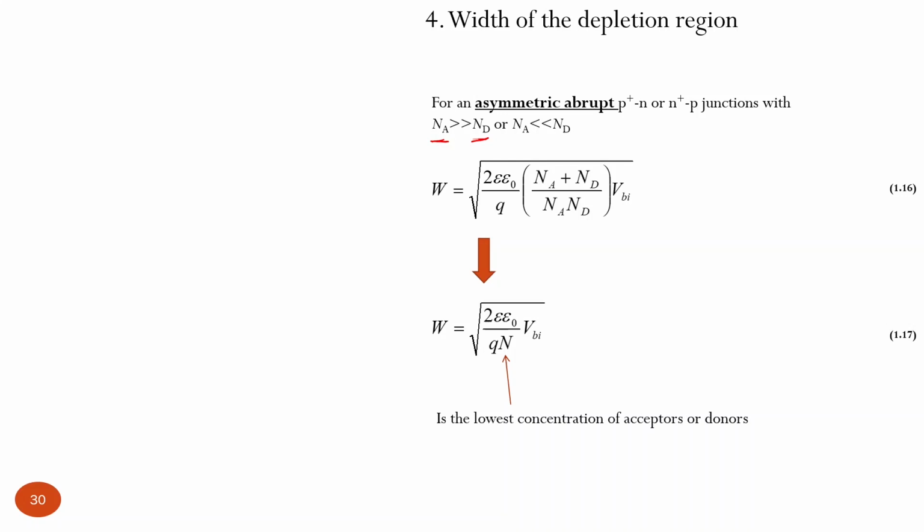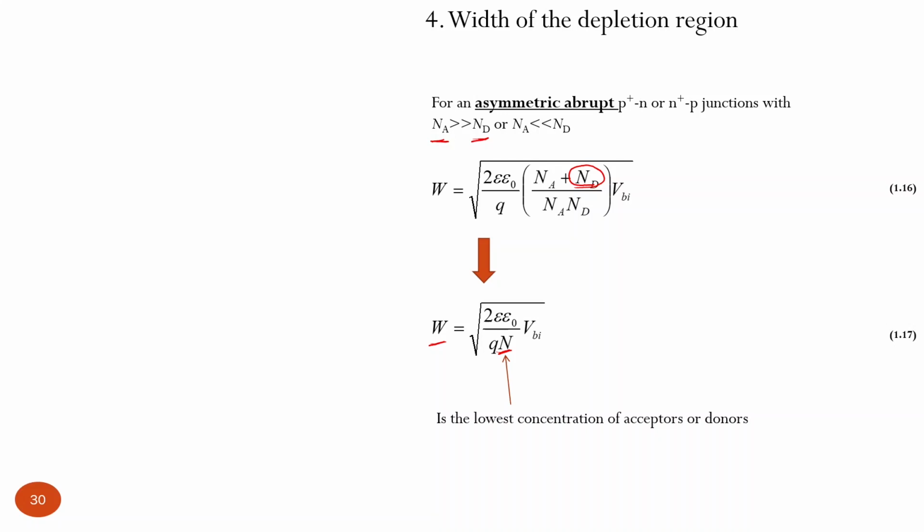Then obviously there will be a discrepancy in these thicknesses. If Na is much larger than Nd, we can neglect Nd in the numerator and transform this equation for the thickness of the depletion region to a simpler form, where we have just some concentration N, that will stand for the lowest concentration of acceptors or donors.